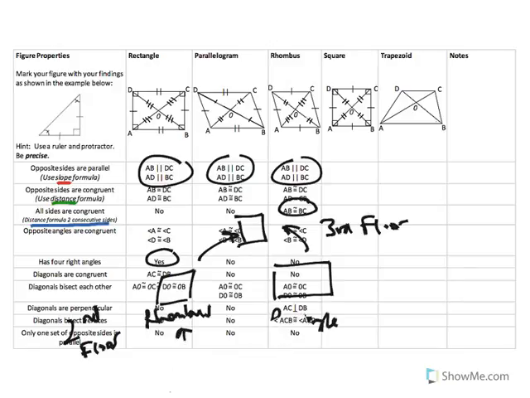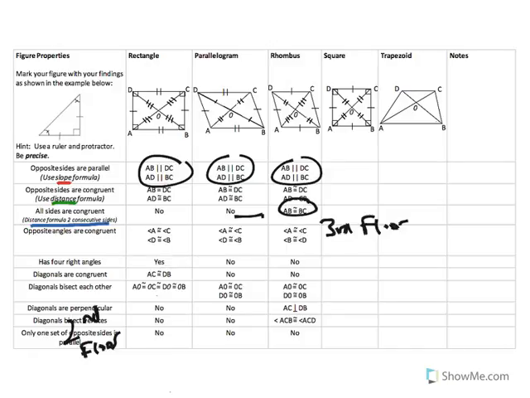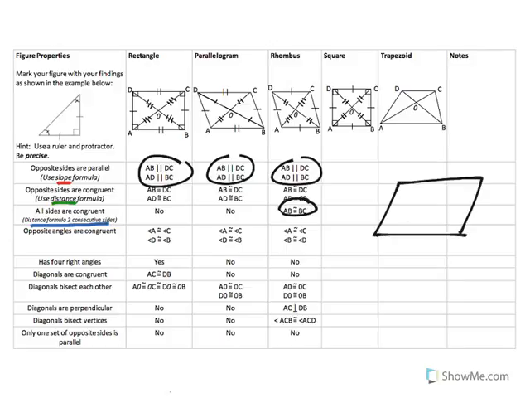Another way to look at this relationship between quadrilaterals is that you can think of the parallelogram as the overarching shape, right? So a parallelogram could be a rectangle or a rhombus.